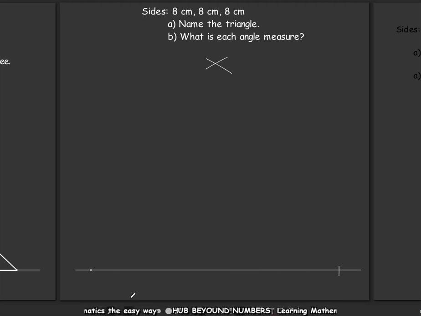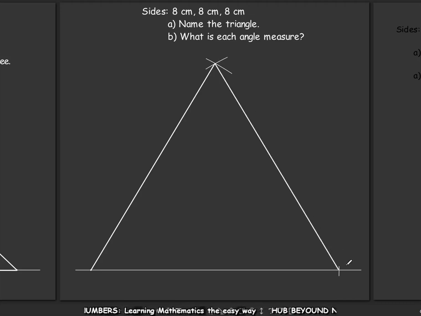So I'll join this one here all the way to this, and also join this all the way to this. See? And let me just dip in this one here as well. So this is my triangle with size 8 centimeters each.